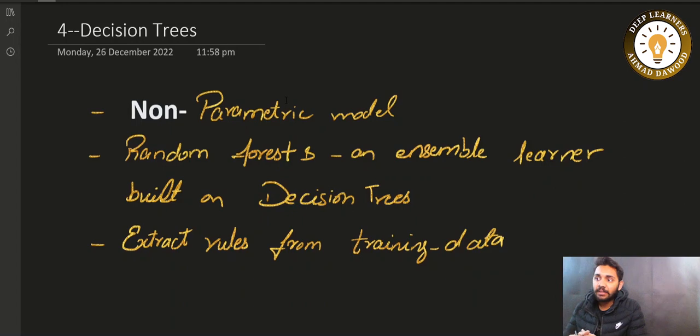Another aspect is that there is one famous and quite powerful machine learning algorithm, random forest. The base of random forest is decision tree, so if you have a good understanding of decision tree, you will be able to crack random forest in a better manner. Actually, decision tree extracts rules from training data, and this is also the way of a non-parametric model. It directly extracts patterns from the training data.